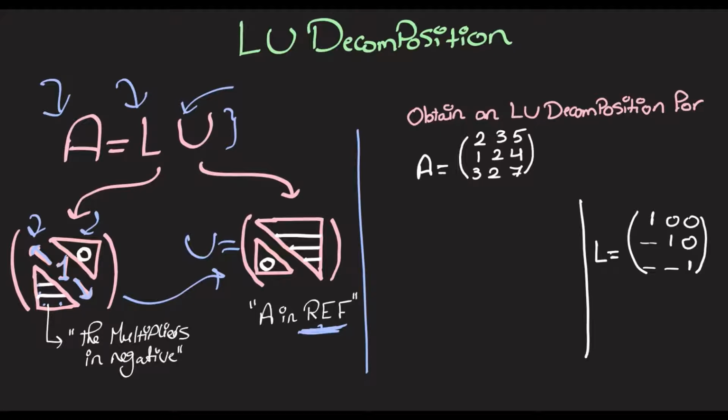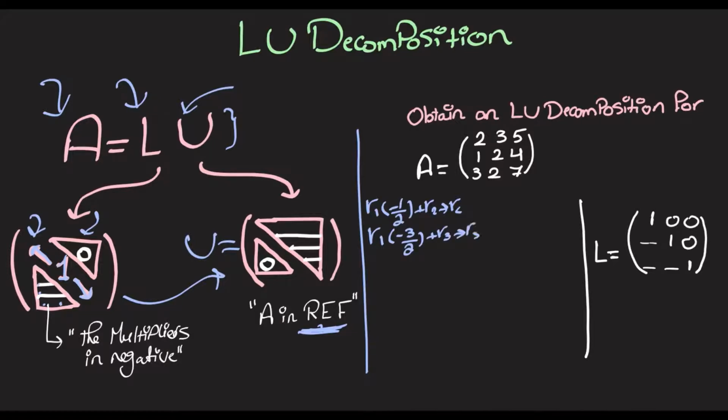So we have A equals 2, 3, 5, 1, 2, 4, 3, 2, 7, and we'd like to find an LU decomposition for that. We start by carrying on Gaussian elimination, so I'm going to multiply the first row by -1/2 and add that to the second row, and then multiply it by -3/2 and add that to the third row.